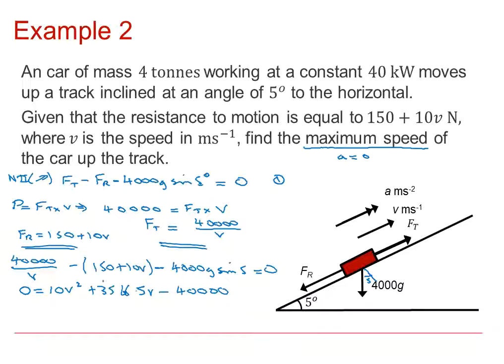So I've multiplied all the way through by V and collected like terms, and I can now solve this quadratic using a quadratic formula or a scientific calculator to get the speed at this moment is 10.9 meters per second to 3 significant figures.